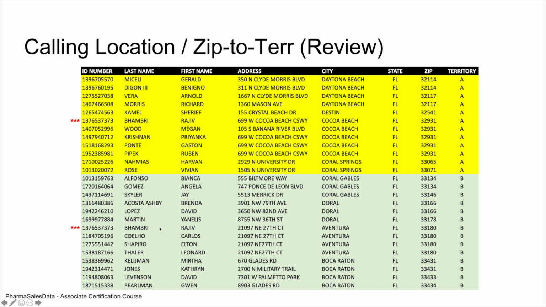Therefore, this HCP can be called on by a sales associate both in territory A and territory B. So the territory A sales rep will call on this doctor at that location, Cocoa Beach, and the territory B sales rep will call on that doctor at the Ventura location.